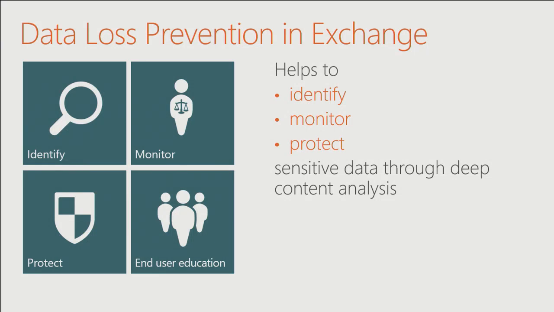Identification is all about finding the right content from a sensitive content perspective, but also identifying it from a contextual perspective. So who's doing the operation? Are they sending it externally, internally? Is this between groups? All of those aspects fall into identification.